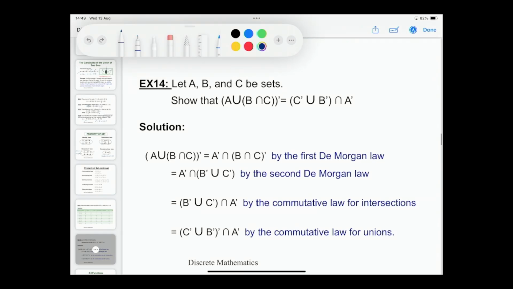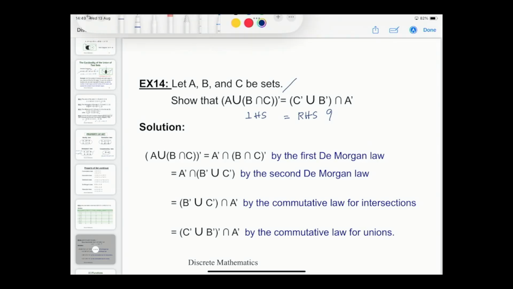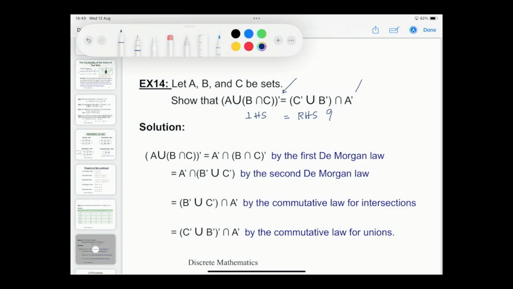Let's take a look at this example. We want to prove that the given operation at the left-hand side is the same as at the right-hand side, using the laws. See that this is a complement here and also here, so we have to be careful.